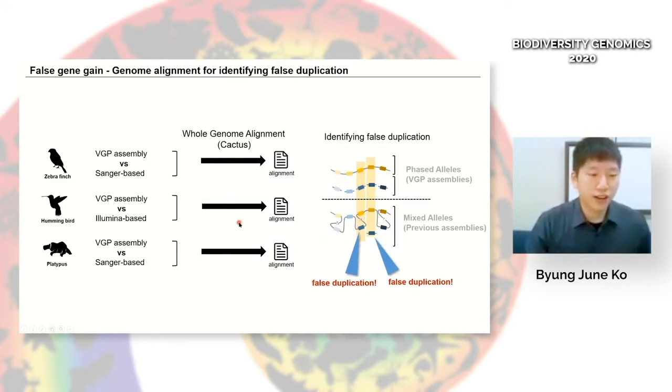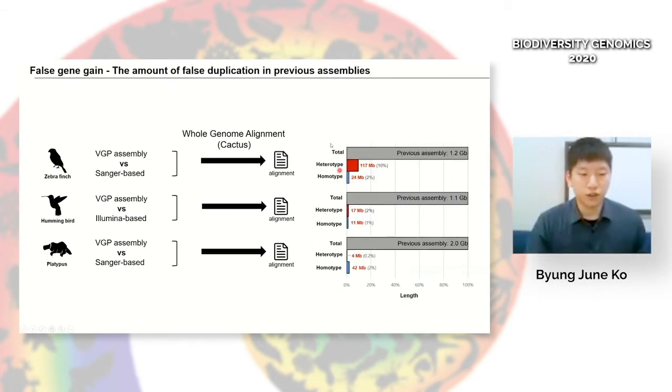So we aligned the VGP assemblies and the previous assemblies. The VGP assembly separates out alternate allele sequences, so we can find false duplication in previous assemblies if they have these redundant sequences. Here is the amount of false duplication in previous Sanger or Illumina-based assemblies of zebra finch, hummingbird, and platypus.